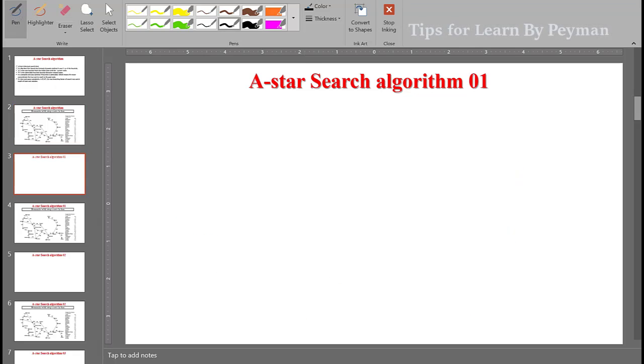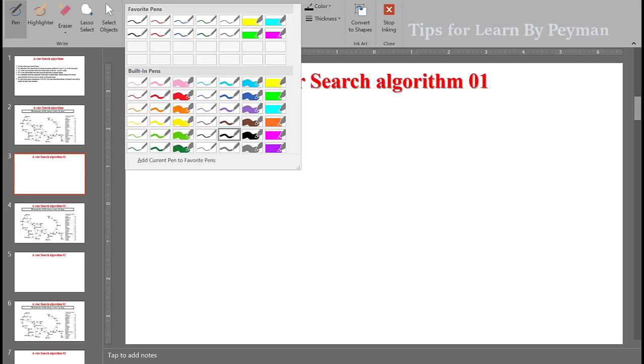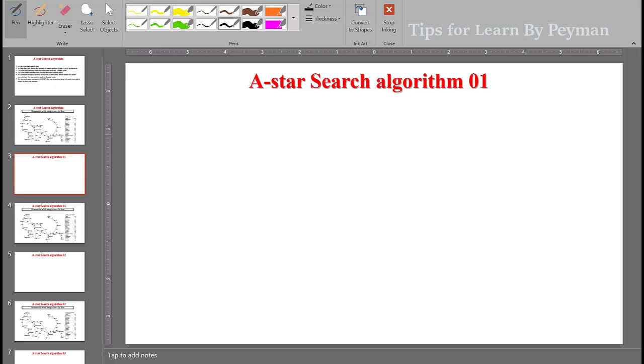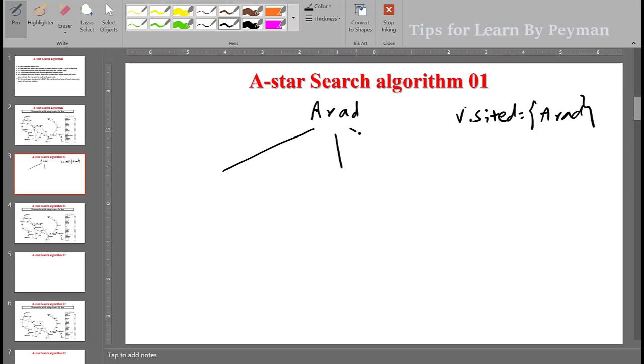So let me choose my pen here. We have Arad as our start node, so we have a visited list here. It is Arad. If we open Arad, we can lead to three cities, or we have three neighbors.